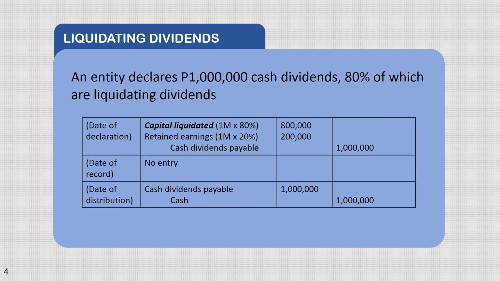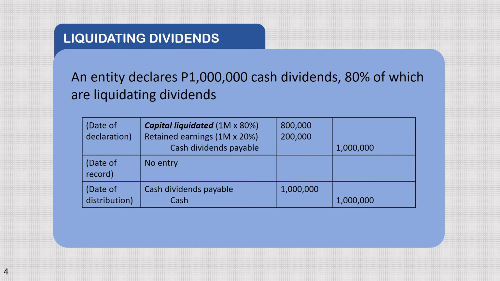Illustration. An entity declares 1 million cash dividends, 80% of which are liquidating dividends. Journal entries. Sa date of declaration, ang entry ay debit capital liquidated, which is 1 million multiplied by 80%, that will give us 800,000. Kasama sa debit side ay yung retained earnings na 1 million multiplied by 20% na 200,000.